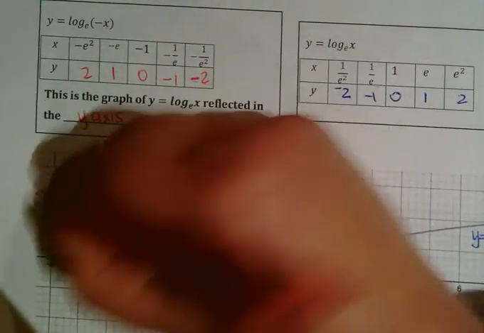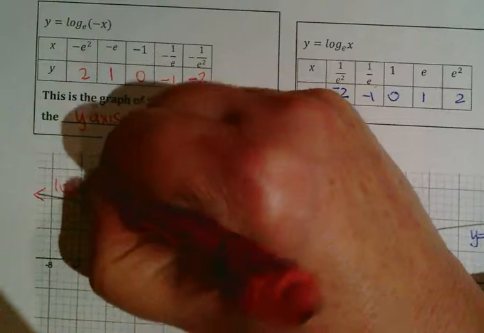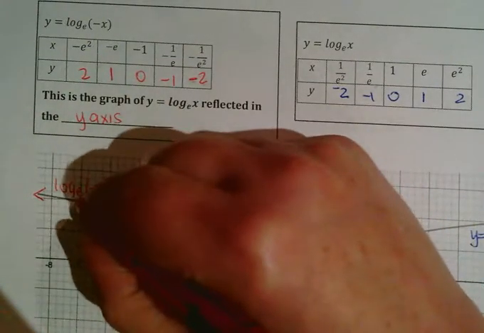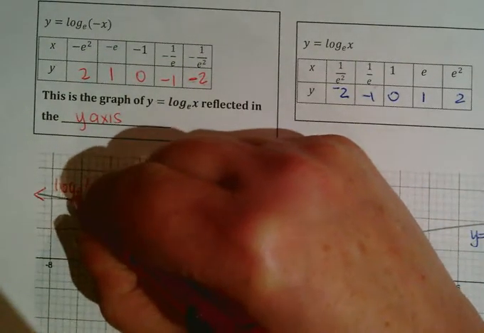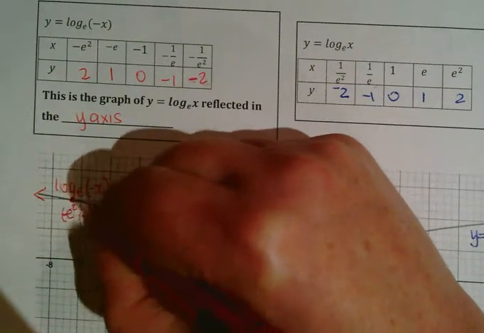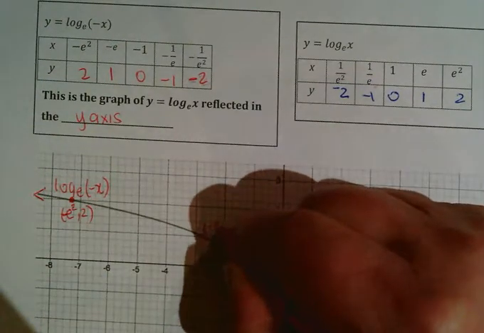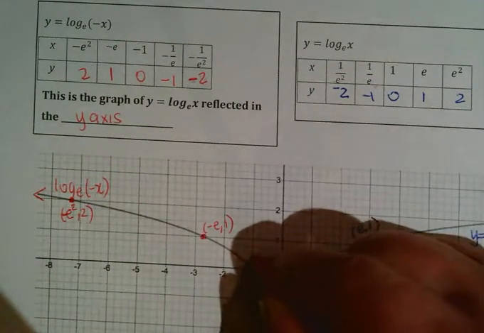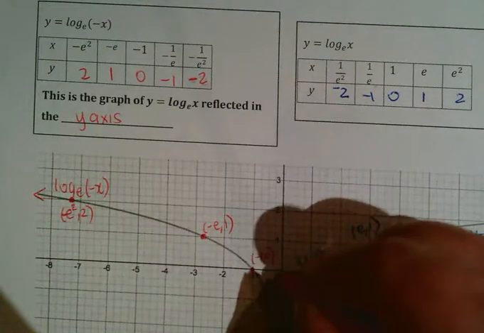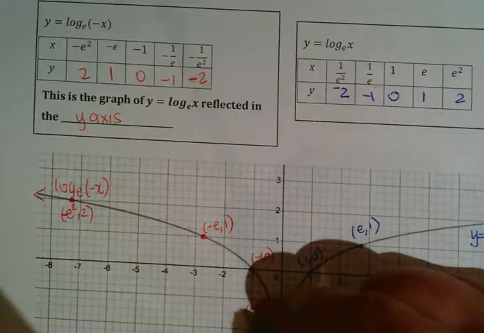Okay, and just plotting those, we've got log to the base e of negative x. I'm just putting some of these values here. You've got negative e squared, 2. Here we've got negative e, 1. Here we've got negative 1, 0, and so on. Negative 1 on e, negative 1.